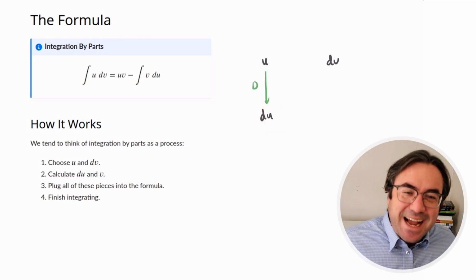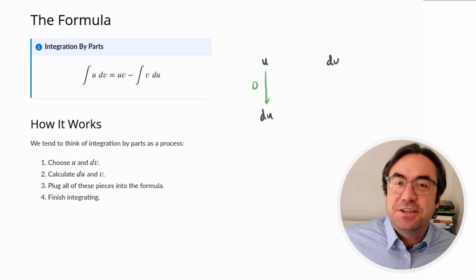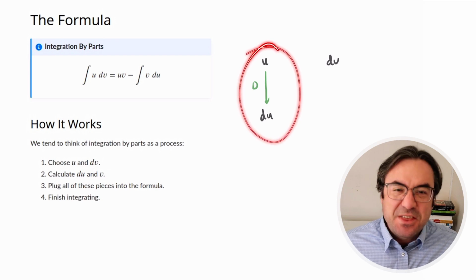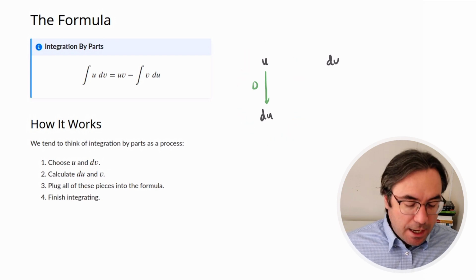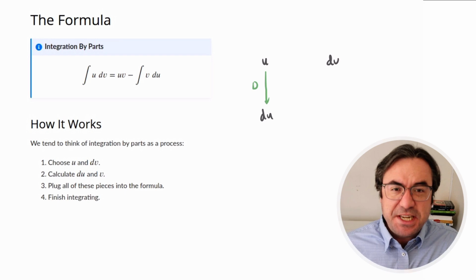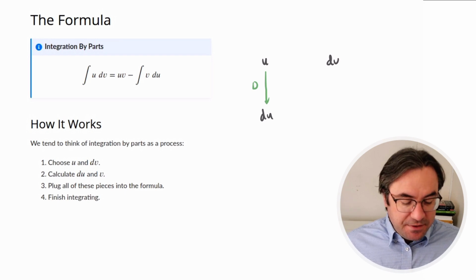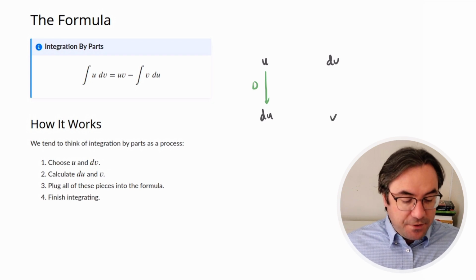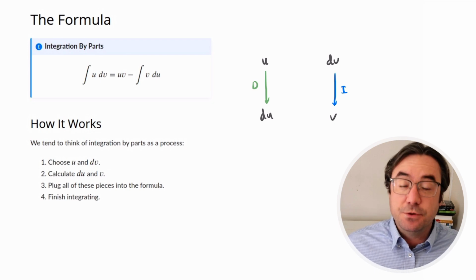So this is going to have a lot of the same feel as substitution rule. But then we also have this dv. So with dv, this is the differential of v. So we want to figure out v, and so we want to undo the derivative there. So we're going to use integration.